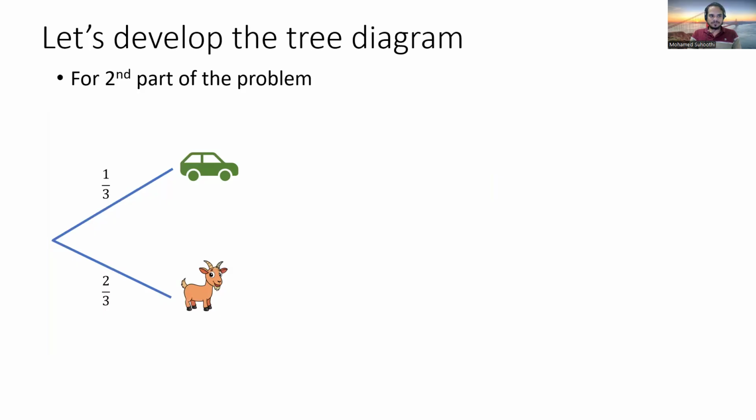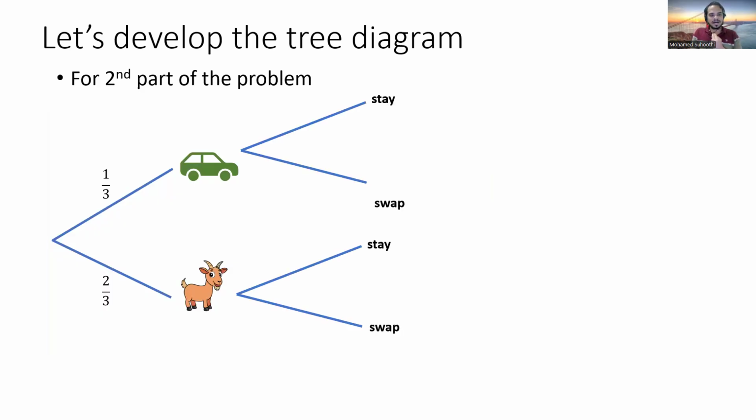Now let's move to the second part. He reveals one door now, so we have only the remaining two doors, right? So now there is winning the car and the goat. Here we are going to either stay with our option or swap the option.